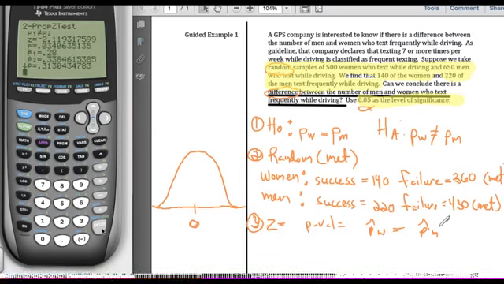So when I calculate this, my z-score is negative 2.12 if I round to 2 places. My p-value is 0.0341. P hat 1 for the first group, for the women, is 0.28.